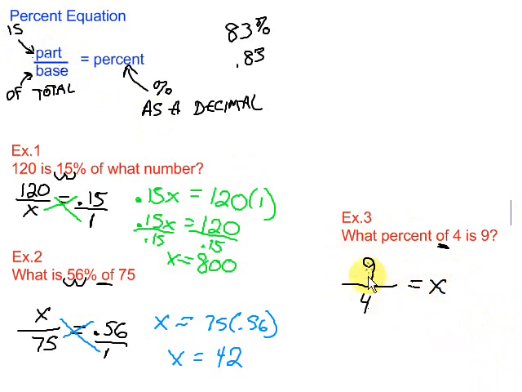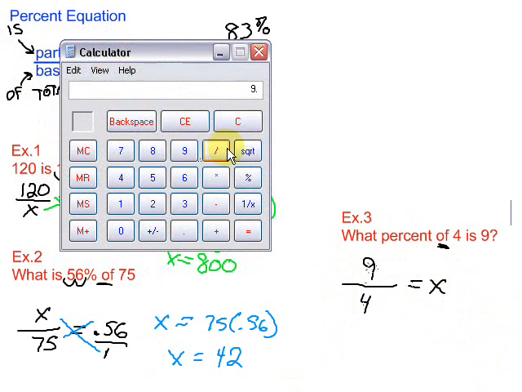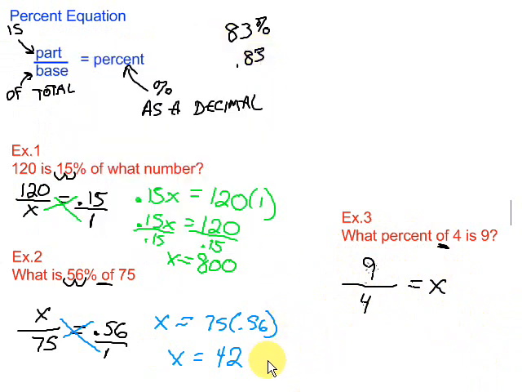Then, to solve this, we just need to do this division. 9 divided by 4. Let's grab our calculator. Take 9 divided by 4, which gives us 2.25. Okay, so we have 2.25 equals x. Now it was asking us for a percent, so we need to change this into a percent.